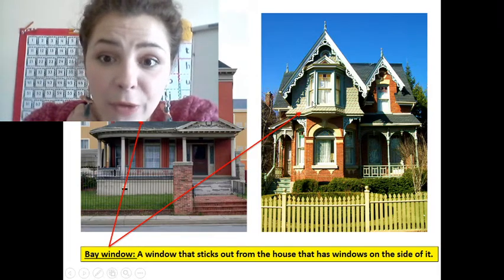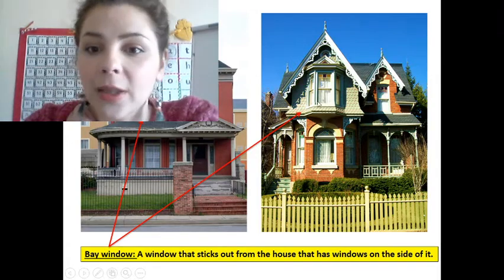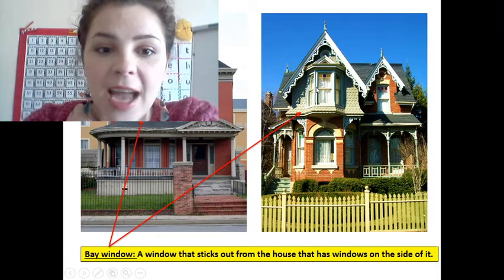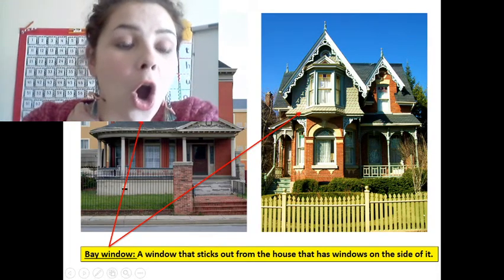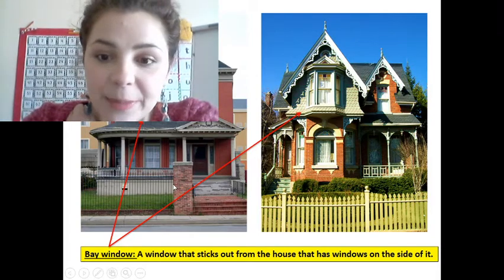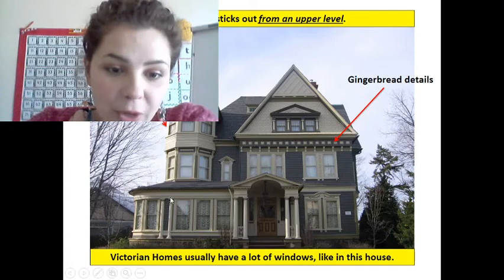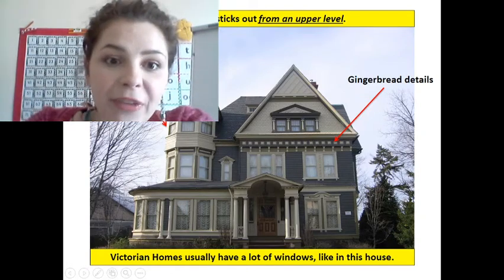What's typical of a bay window is that you have one central window and two on the sides. Yeah, so look here again, one central one, two on the sides, and then again here, one central one and two on the sides.